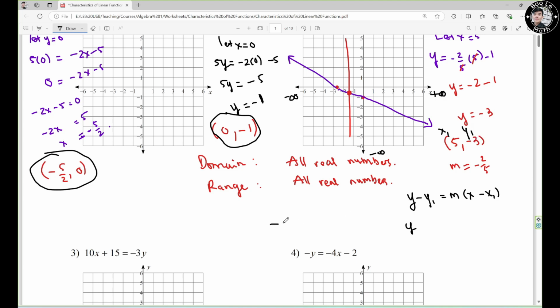Minus negative 3 turns out to be positive 3, because two negative signs next to each other turn out to be positive. So it becomes plus 3 equal to m, which is negative 2 over 5, times s minus s1. s1 equal to 5, so s minus 5. And I'm done, right? This is the answer.